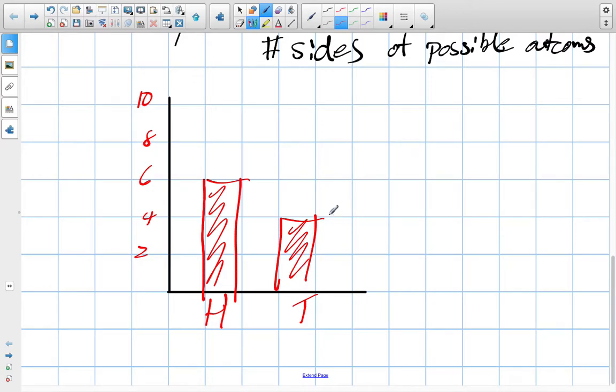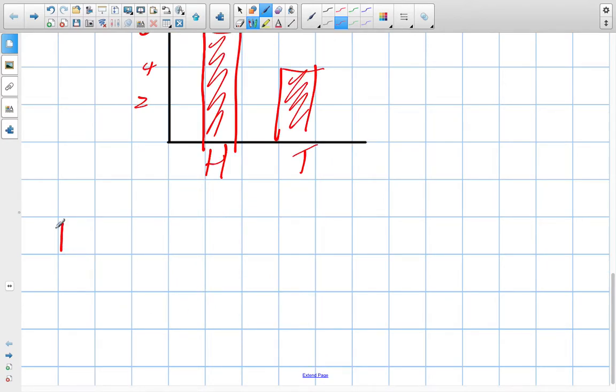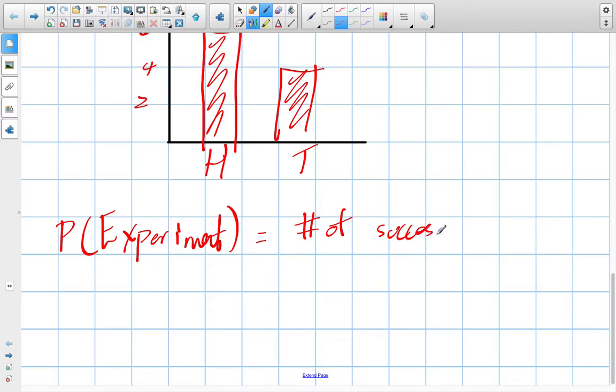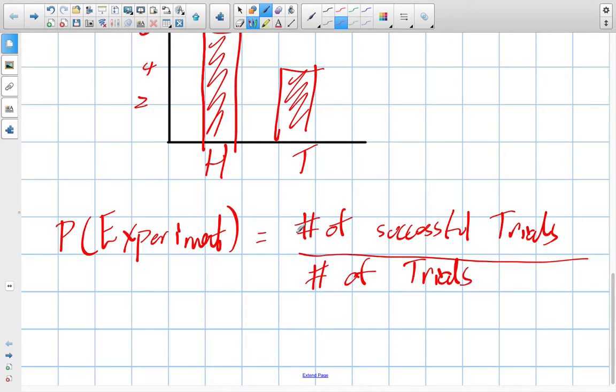Experimental probability is the number of successful trials over the total number of trials. In this case, I said I was going to flip the coin 10 times, so the probability of getting a head would be over 10.